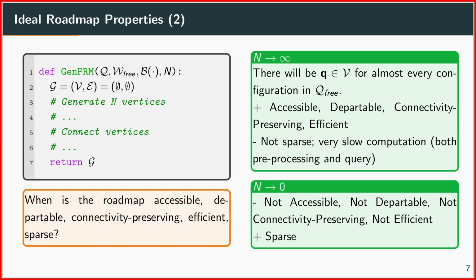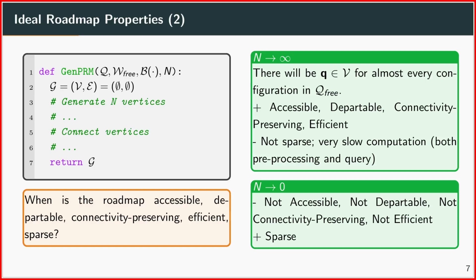Okay, and the other edge case would be where n goes to 0. Then, of course, we have almost no configurations. This will not be accessible, not departable, not connectivity preserving, not efficient, but it will be very sparse. And the more you go to 0, the sparser this roadmap becomes.